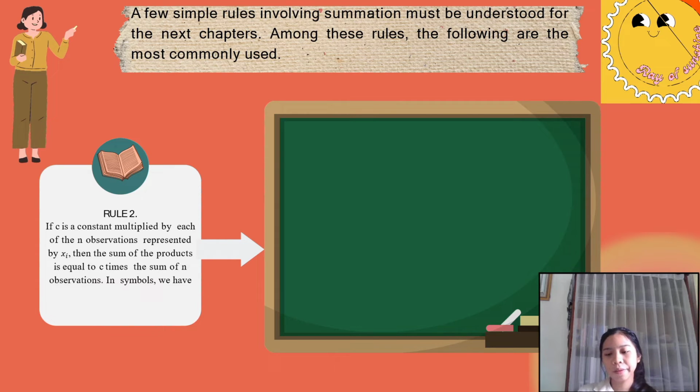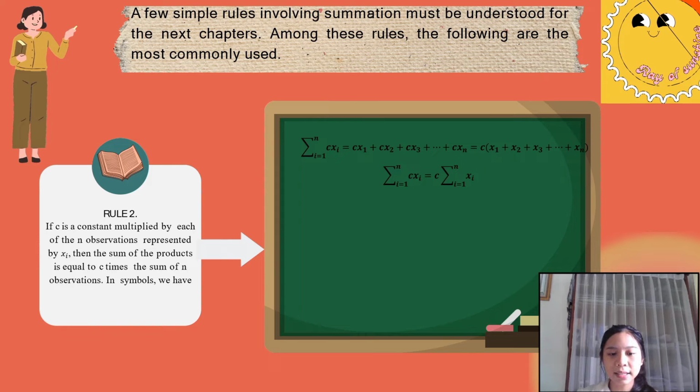In symbols, the sum of all C x_a for a equal to 1 to n means C times x1 plus C times x2 plus C times x3 and so on, or C times (x1 plus x2 plus x3 and so on) in brackets.